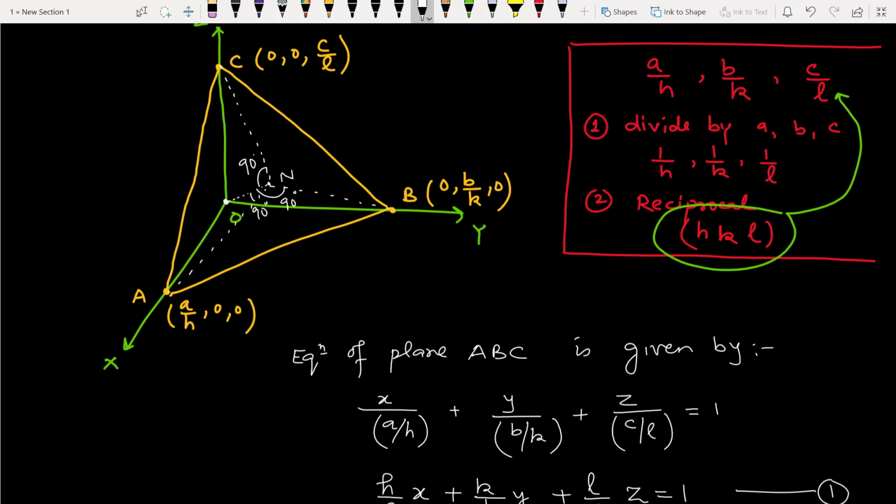So this is a three-dimensional figure. The plane through origin is not shown here, but as there is a plane passing through origin, O is a point lying on that plane. So from that we have drawn ON perpendicular to plane ABC.